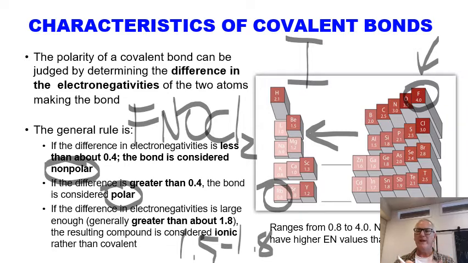So we can have really, really strong polar covalent bonds that we say have a certain amount of ionic character in them, because the shared electrons are spending so much time with one element rather than the other that it might as well be ionic, even though it isn't quite. So nonpolar, less than 0.4, polar, greater than that but less than 1.5. Then once you get much greater than 1.5, we consider it an ionic bond.